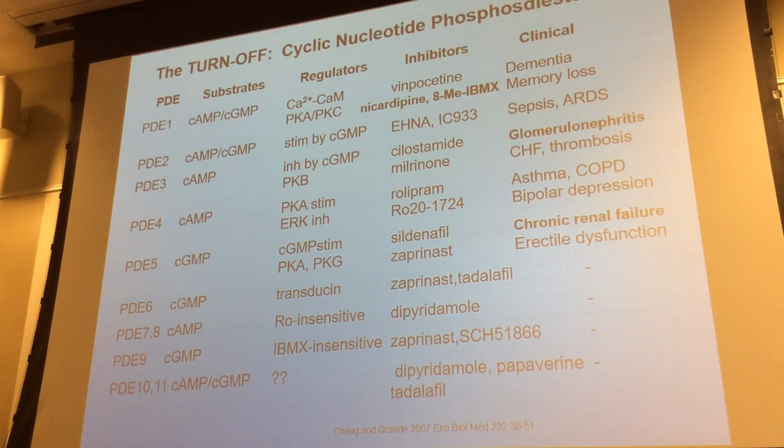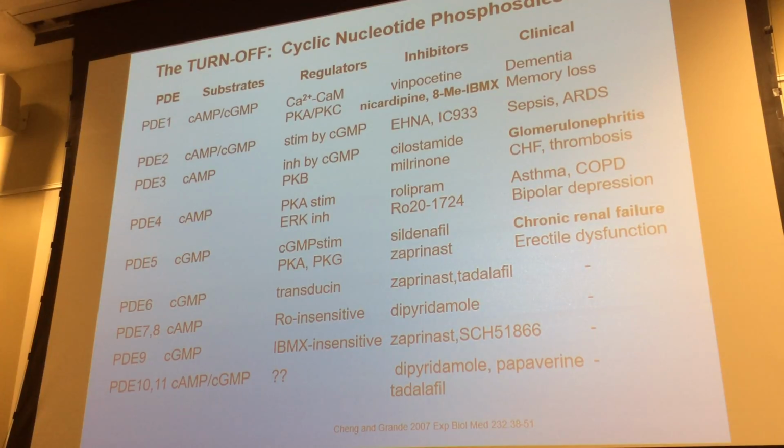So one of the first ones that was discovered was named phosphodiesterase 1. It could use either one of those and it'll break them down. And it gets regulated by the kinases PKA, regulated by cyclic AMP, or PKC, C stands for calcium, regulated by calcium.